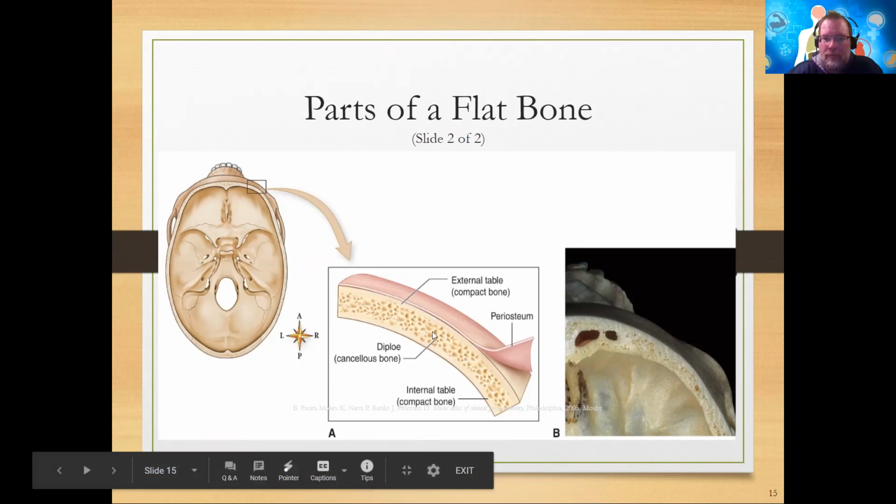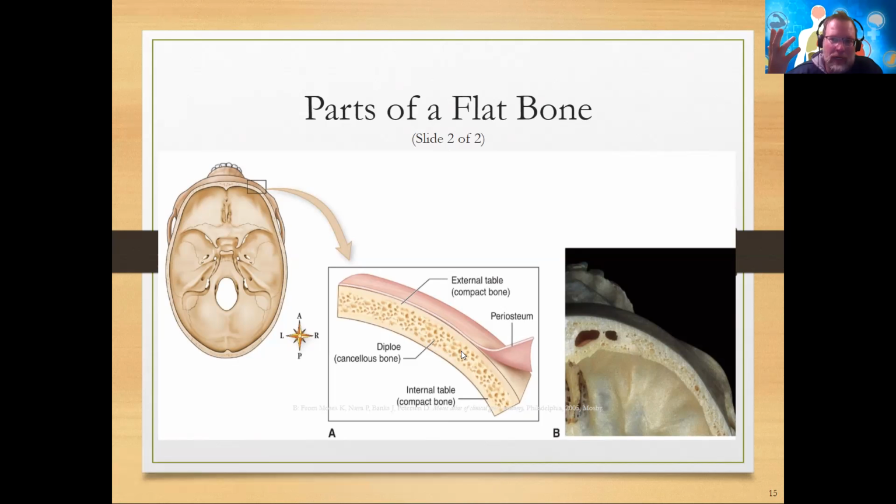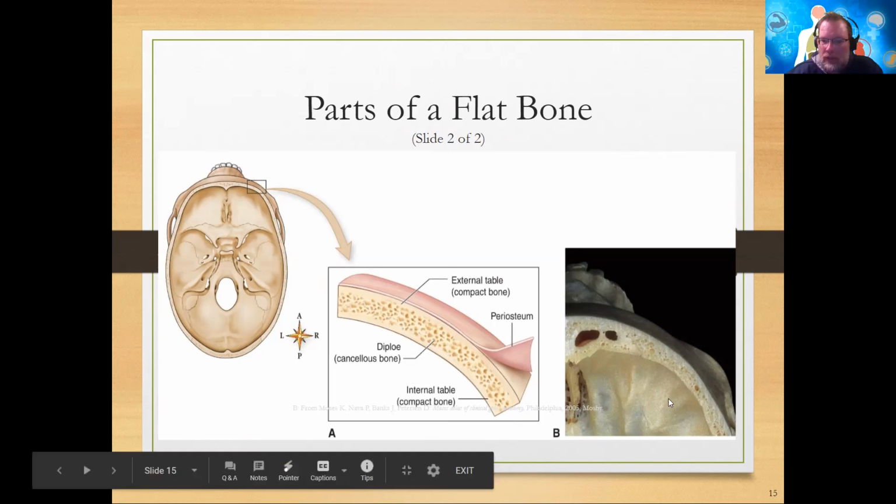So again, this is where we see red marrow all the time. And again, a 120-day lifespan of red blood cells is not very long, so we need a perpetual pumping of blood cells throughout our time here.